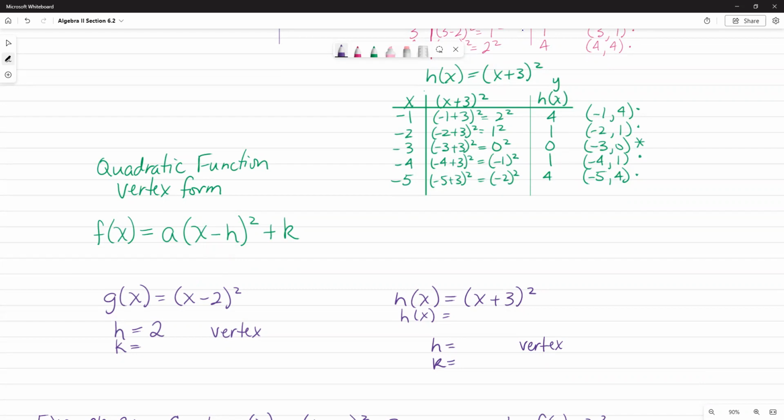And then k, so what is our k in g of x? I just recreated what we just did in our example. What's k here? There's nothing there. So you've got an understood +0. That means that the y coordinate of the vertex is 0. Therefore, your vertex falls at the ordered pair 2, 0.